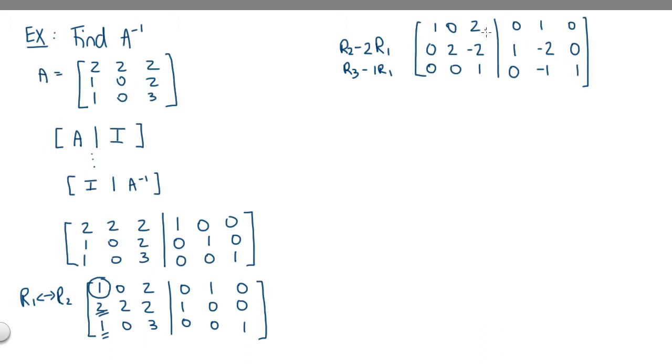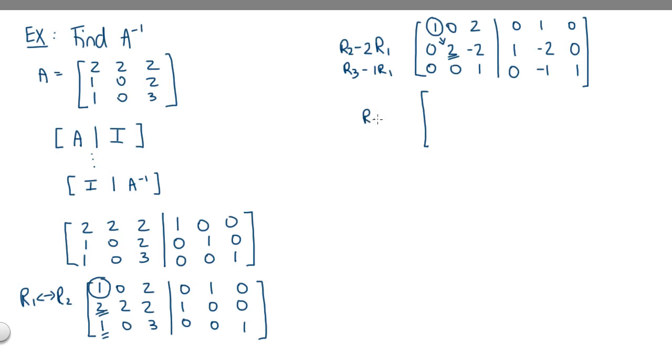Okay, so at this point, everything's looking good. We've dealt with our whole first column there. We've got our 1 and we got zeros everywhere else. So we're now going to look at our 1 that we were working with in this previous step, and let's move down and to the right. So this 2 here, our job is now to make it a 1.